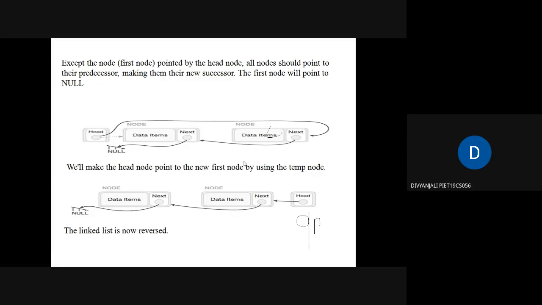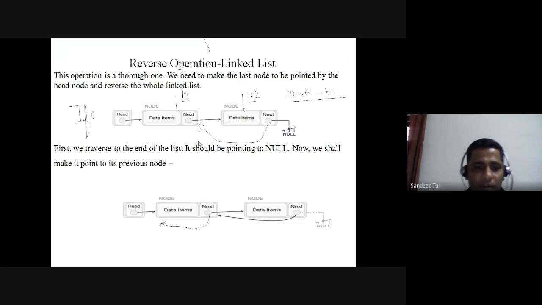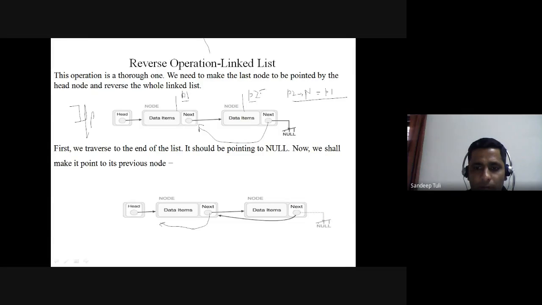Sir, please repeat. I am saying initially what we need to do, we need to use one more pointer that will be temp, and we need to initialize temporary equals to pointer P2, because P2 is going to change now. Okay, P2 पूरा प्रोसेस में चेंज होने वाला है अभी.